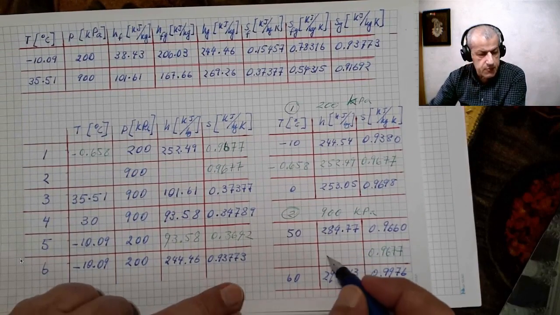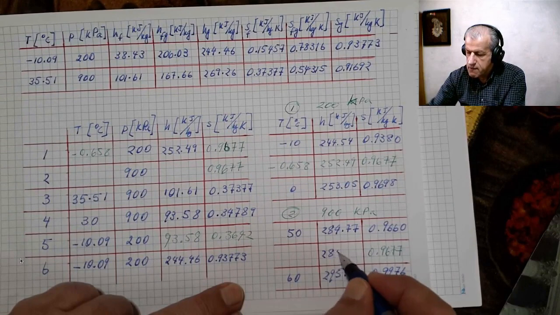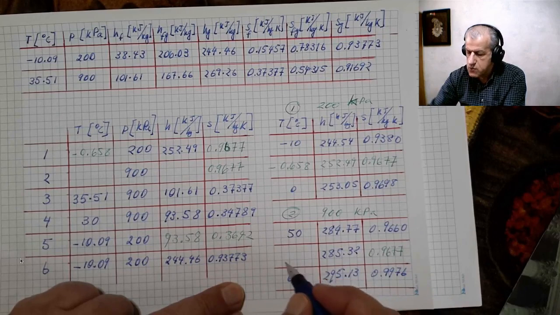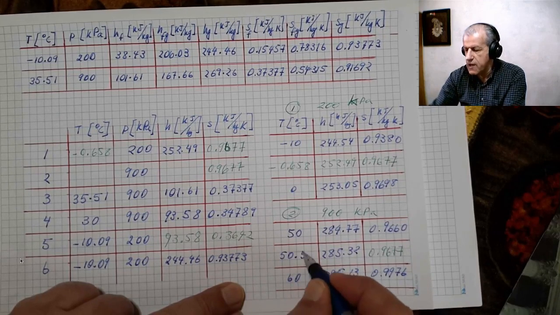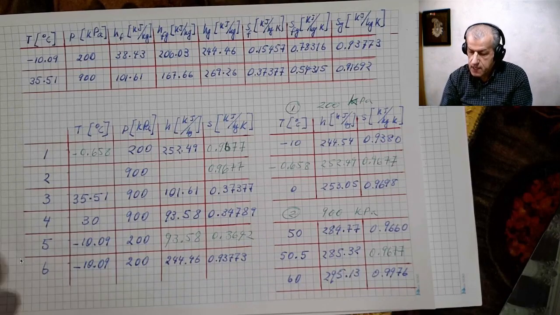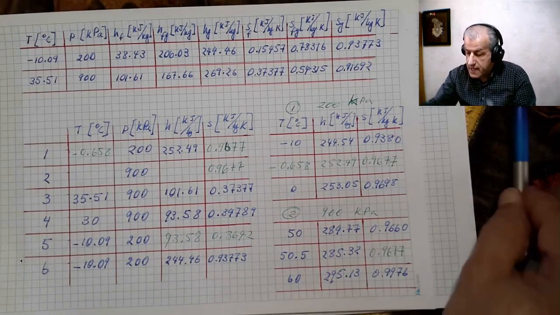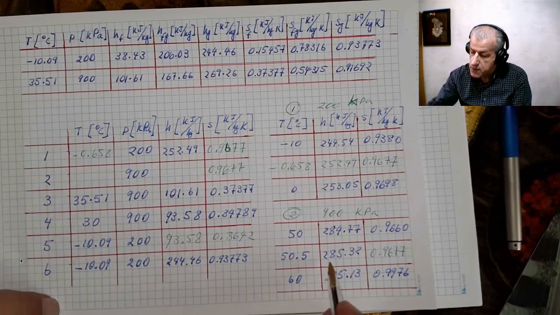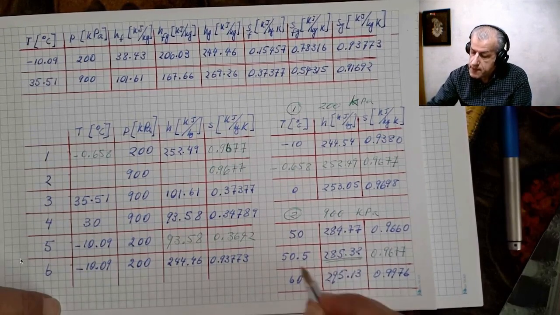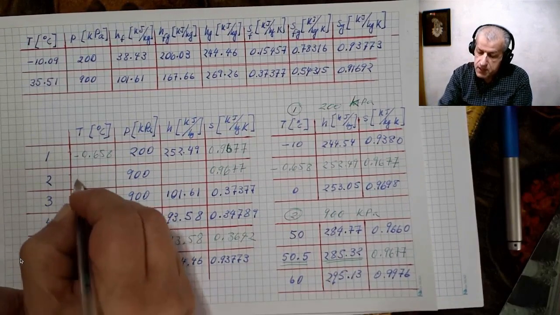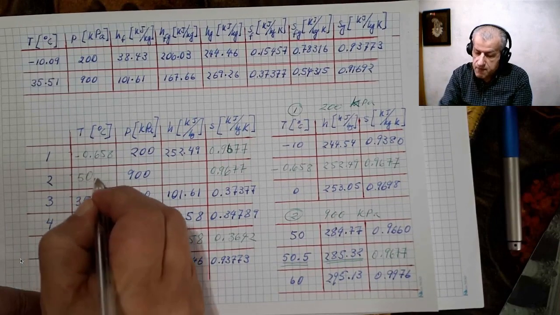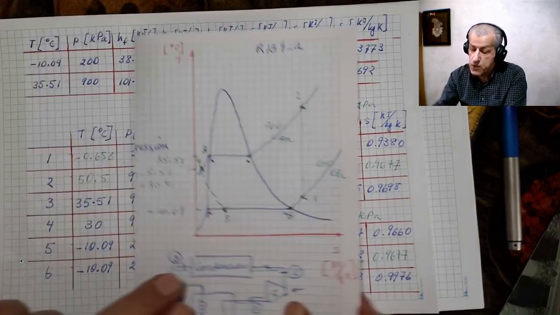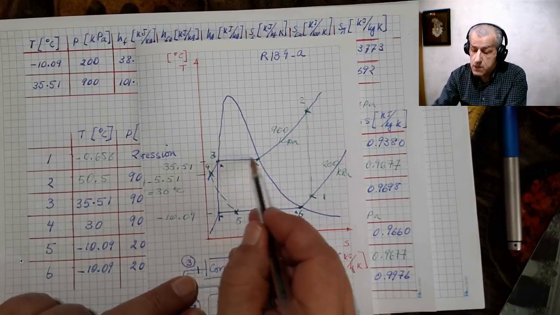For enthalpy and temperature, the enthalpy would be 285.32, and the temperature would be 50.5 degrees C, and therefore we can complete the final unknowns in our table. The temperature is 50.5 for point 2. You see the temperature for point 3, this line, was 35.